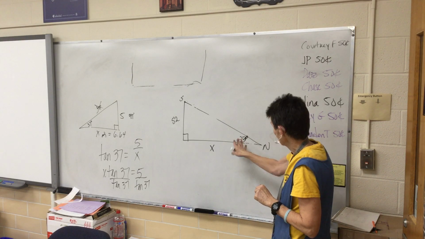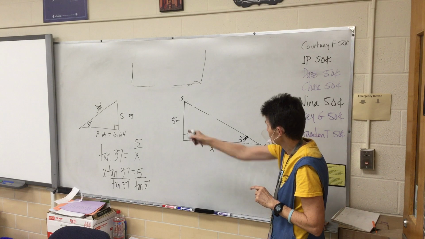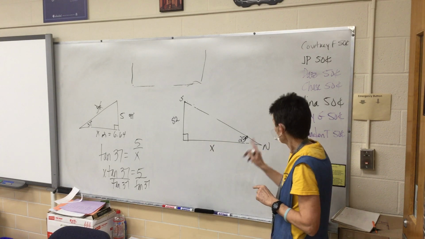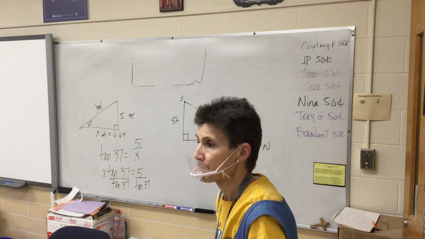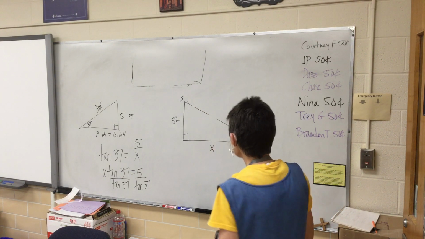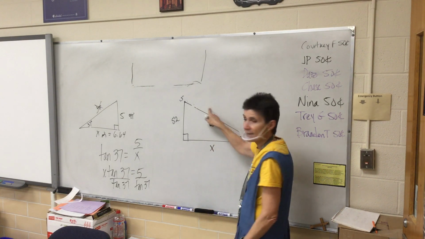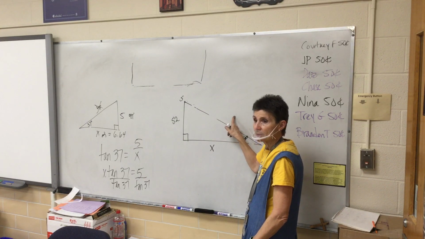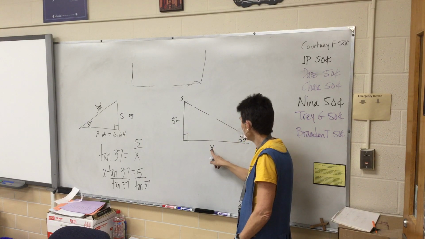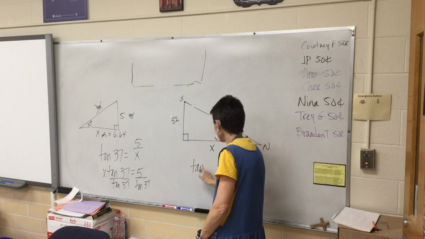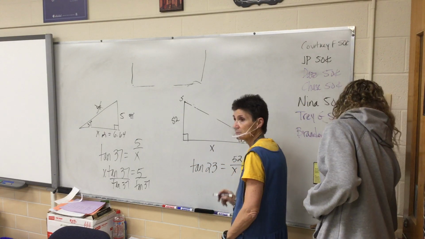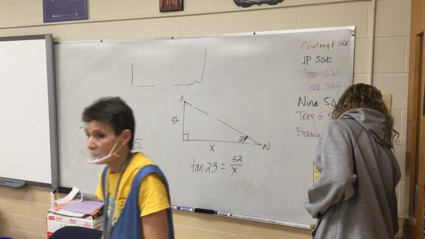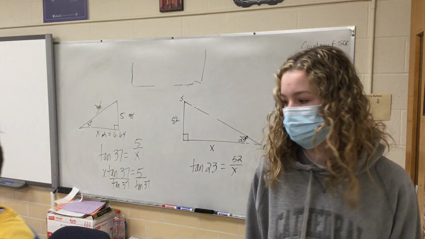All right, now, there's your picture. Looks just like that one over there. What's my equation? Tangent again, because I don't know anything about the hypotenuse. I just know opposite and adjacent. So tan 23 equals 52 over x. So what do I do to solve that?